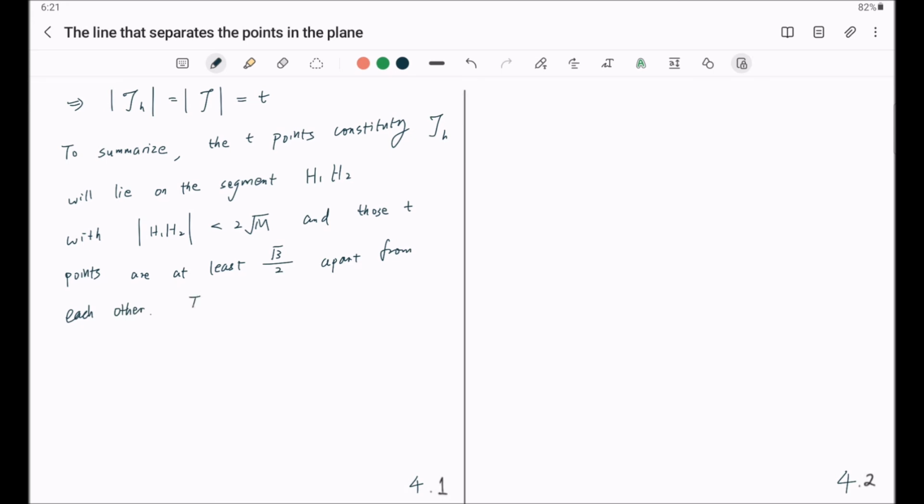And this yields two times root of m greater than t minus 1 times root of 3 divided by 2. Or, in other words, we move t to one side, the t is less than 1 plus 4 times root of m divided by 3.